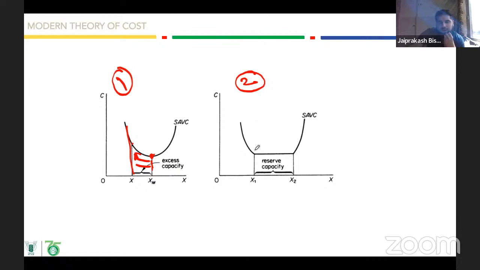But in the modern theory there is no excess capacity; it is the reserve capacity, which can be gainfully used by the entrepreneurs, the firms, to make some adjustment in their production process. So this is the difference between reserve capacity and excess capacity.